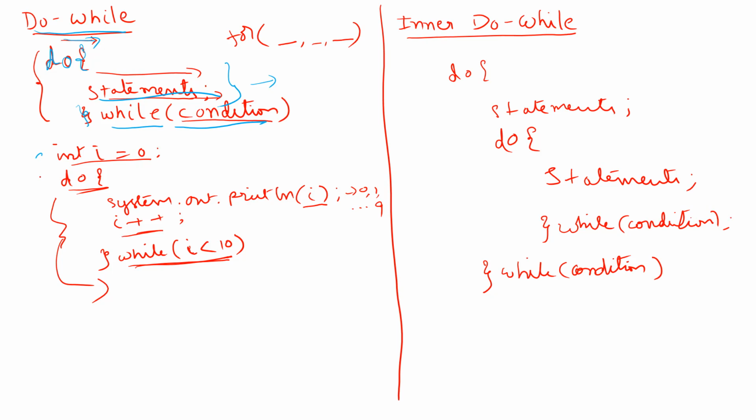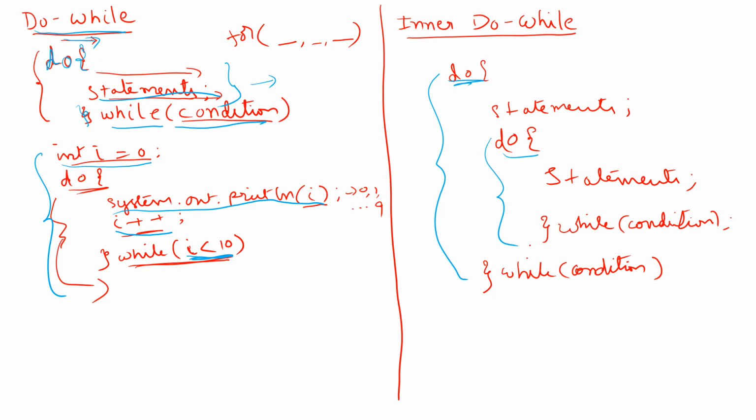So here we are initializing a variable i to 0, and in a do while loop I am printing the values of i, and then I am incrementing it, and I am checking the condition here. So this is a simple do while loop. An inner do while loop is nothing but a do while loop inside another do while loop. So this is the outside do while loop and this is the inside do while loop.